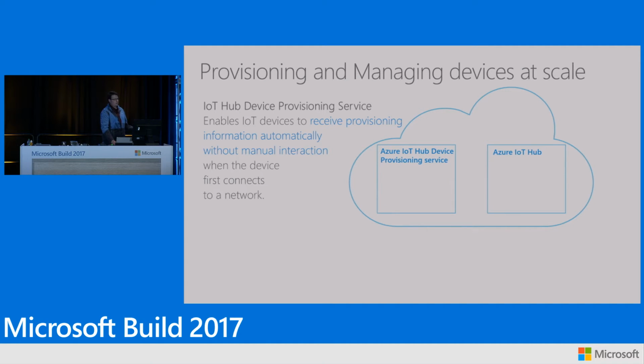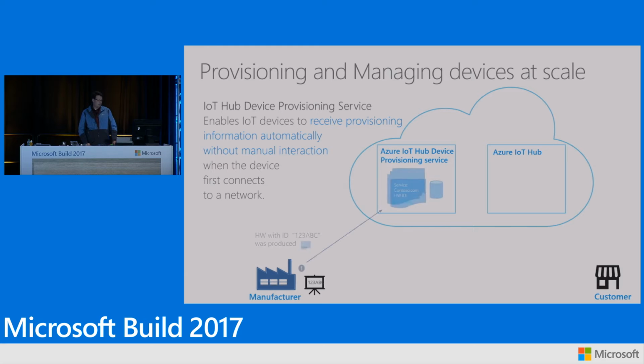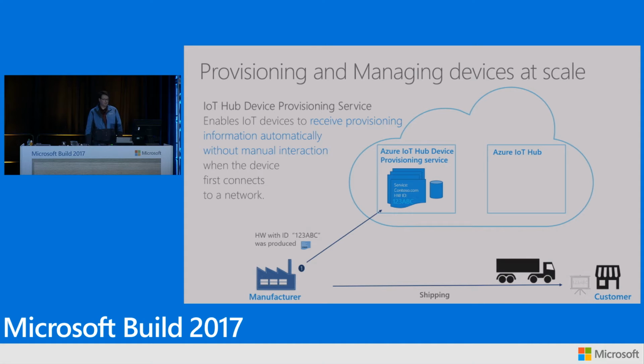We stood up the device provisioning service and enrolled in that. When our manufacturer for our signs builds them, they're going to register a record at the device provisioning service. And then we're going to roll trucks. Do you like trucks? Roll animation. All right. And deliver those signs to the little companies that are going to put them up.